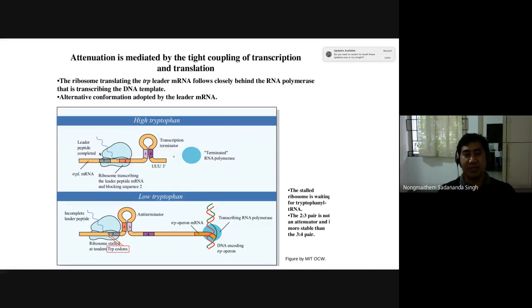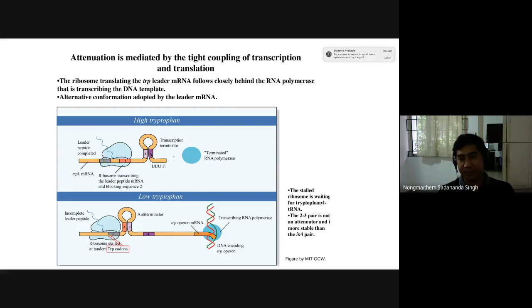To transcribe the tryptophan biosynthetic genes, it starts transcription with a leader peptide. The leader peptide is a small peptide which is encoded by the transcript ahead of the tryptophan biosynthetic genes. Here what we have to note down are the elements or sequences which are present: 1, 2, 3, and 4.